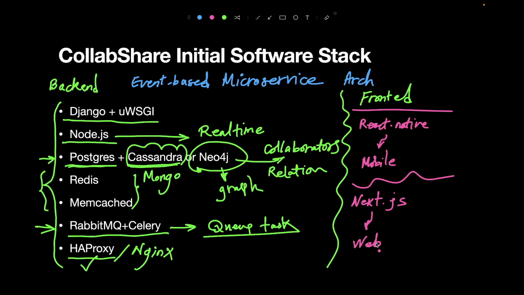These are just the initial stack that I would like to start with, and maybe we decide to change the stack over time. But at the moment, I'm pretty confident with this full stack architecture and software stack that I've decided to develop the Collabshare platform.